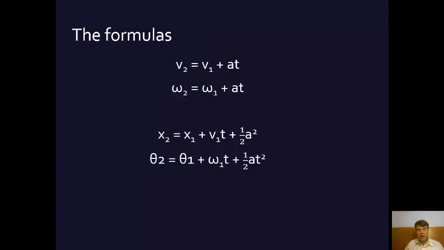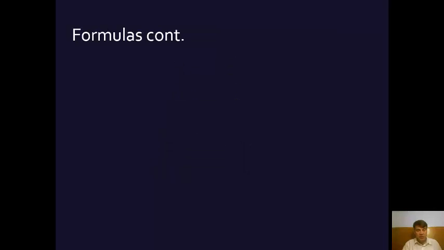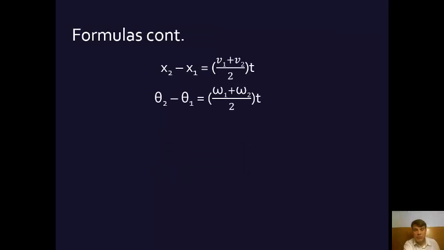So theta 2, that is the total circular distance you've gone, is equal to theta 1, where you started on that circle, plus omega 1 t, which is, again, the initial angular velocity times the amount of time elapsed, plus 1/2 that constant acceleration times time squared. Again, this is exactly the same formula. By the way, my x equation needs a t after the a, but you get the picture. Two more formulas.